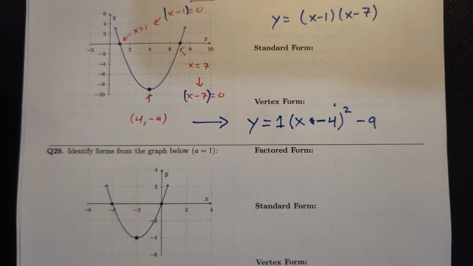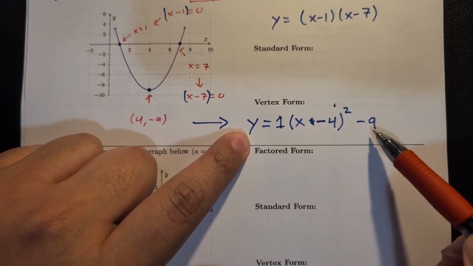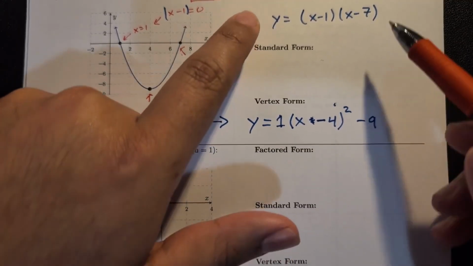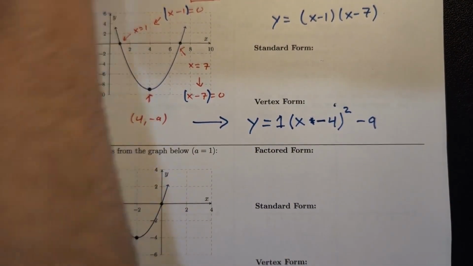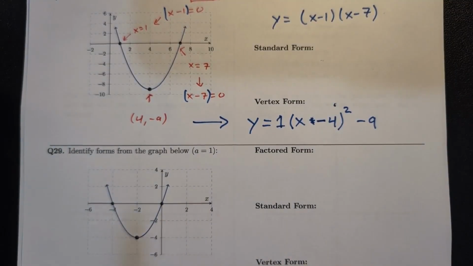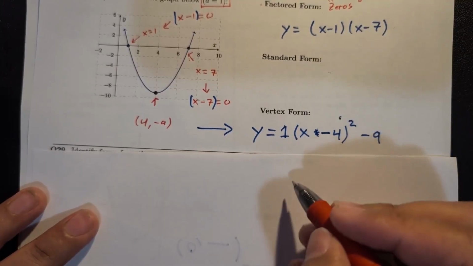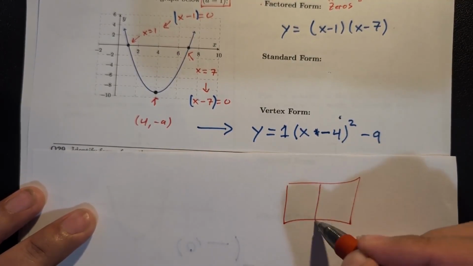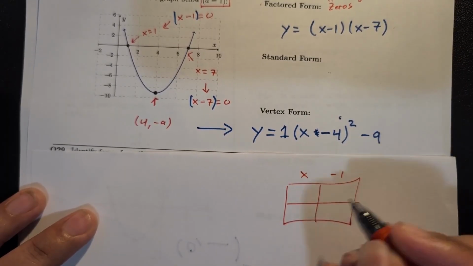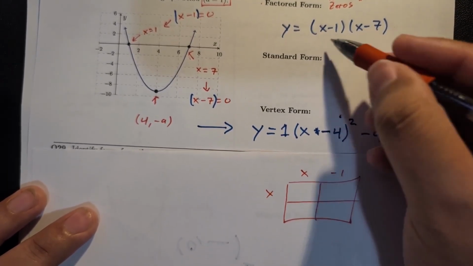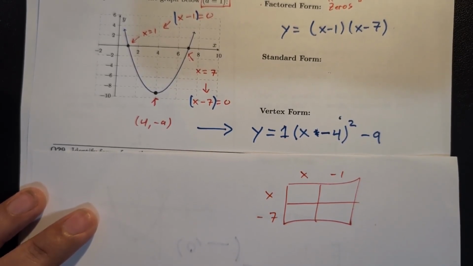Looking at my standard form, you can use the vertex form to figure out your standard form, or you could use your factored form and write it in your standard form. I think the easiest would be to do the box method for this one. So we would have x minus 1, x minus 7.